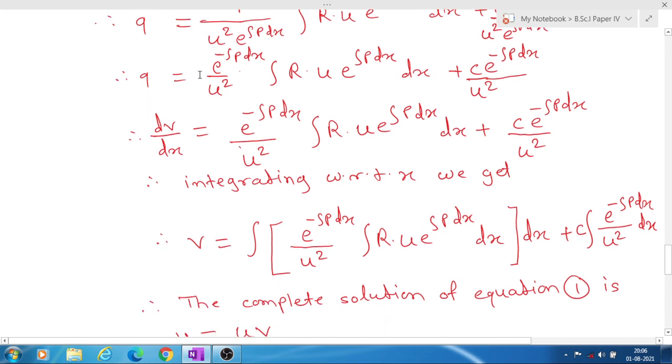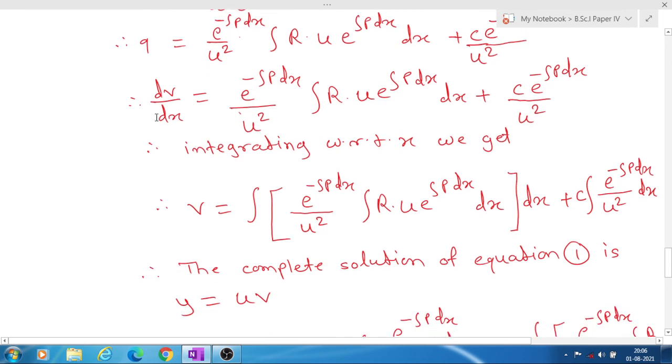So step by step, now write the value of q as dv by dx, and from this, to find the value of v, we have to integrate the equation. So integrating the equation with respect to x, we get v is equal to the integral of the whole bracket into dx, plus c, the second term, where c is a constant, outside the integration.